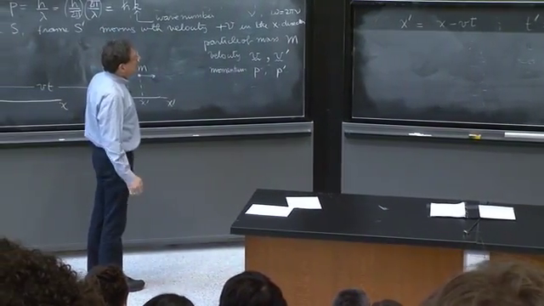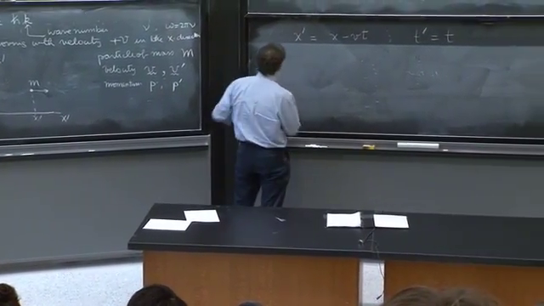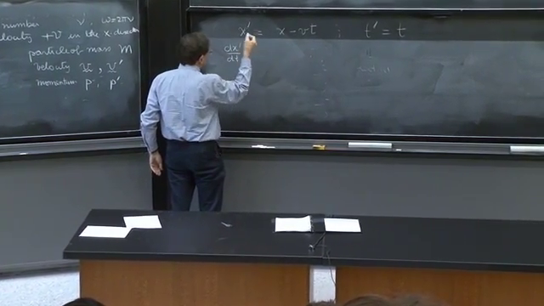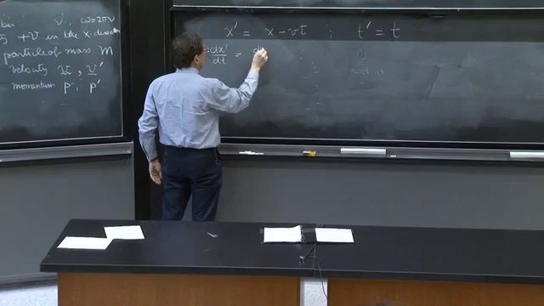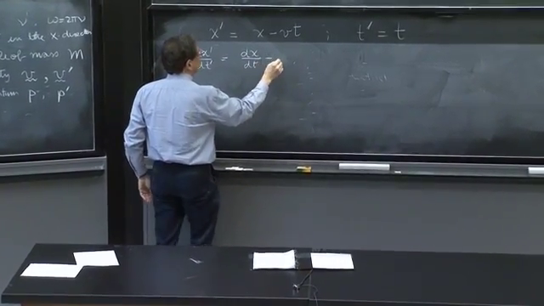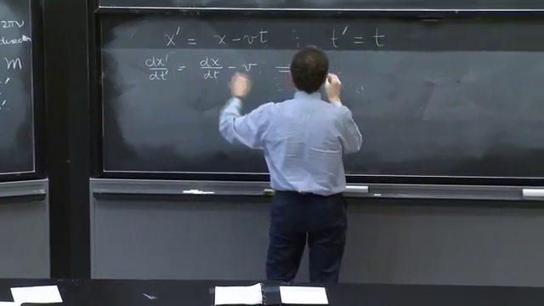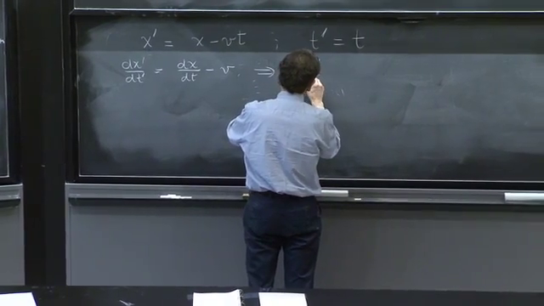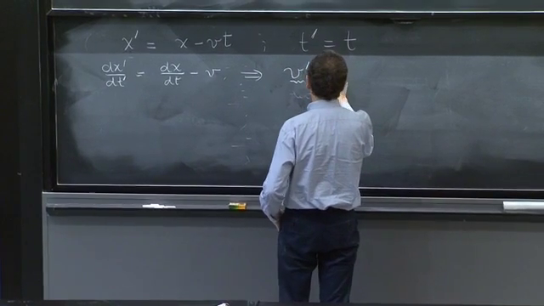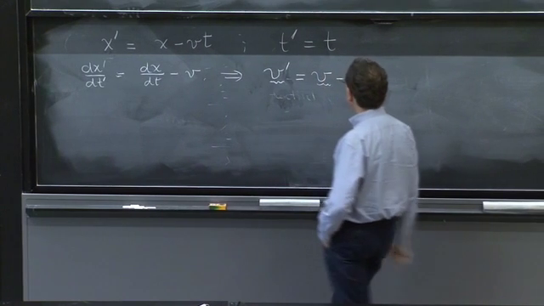So from this, we can take a time derivative talking about the particles. So we have dx prime, dt prime, or t is your choice. I guess I should put dt prime here, dx dt, minus v, which means that the velocity v prime underbar is equal to v underbar minus little v.